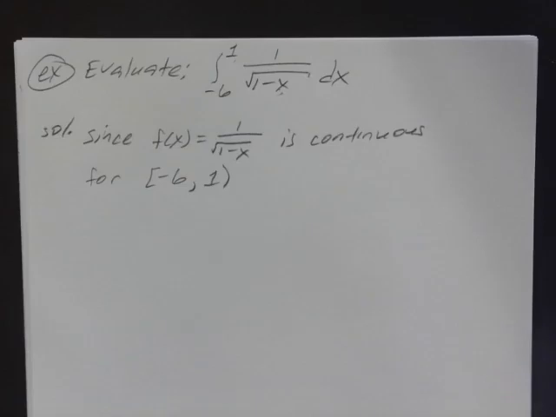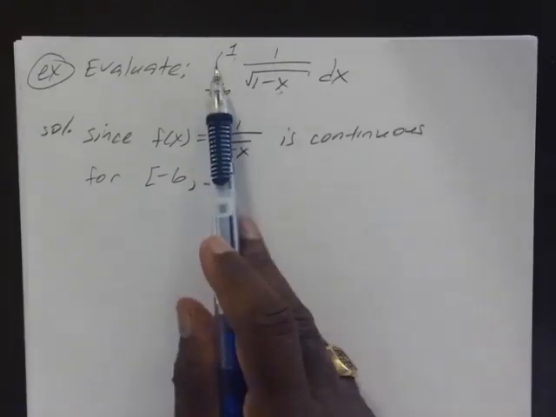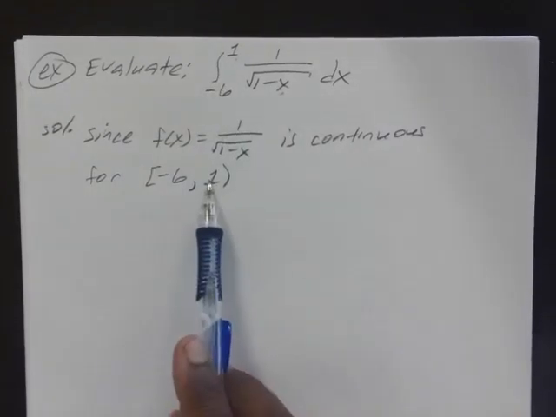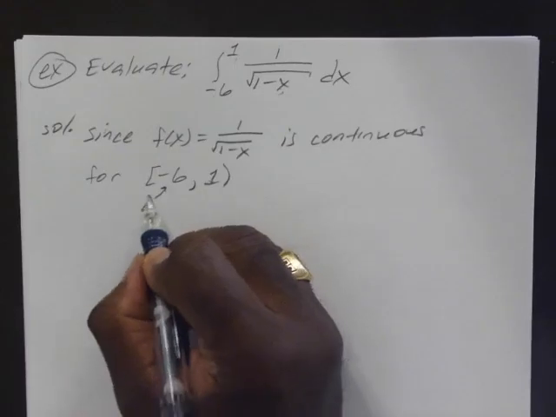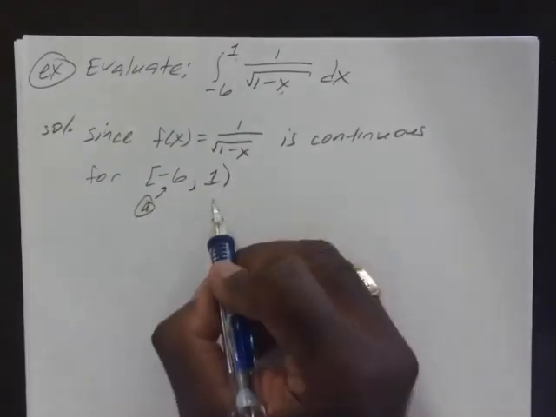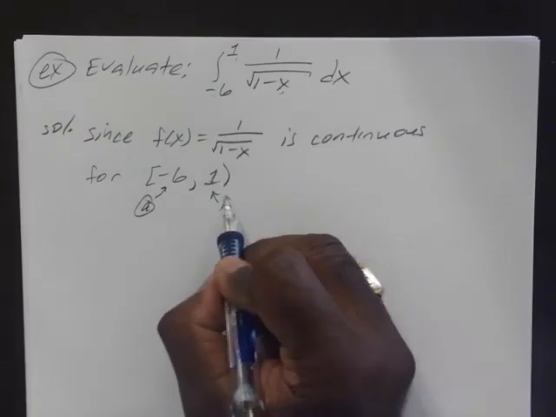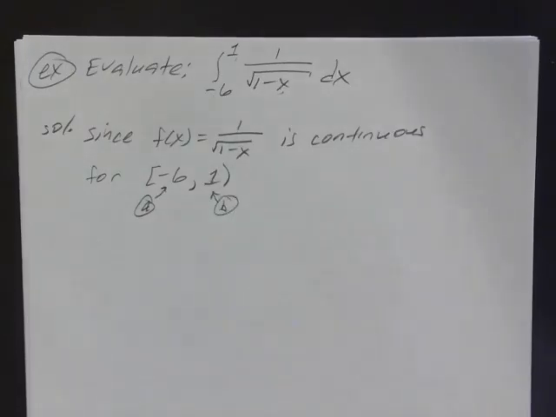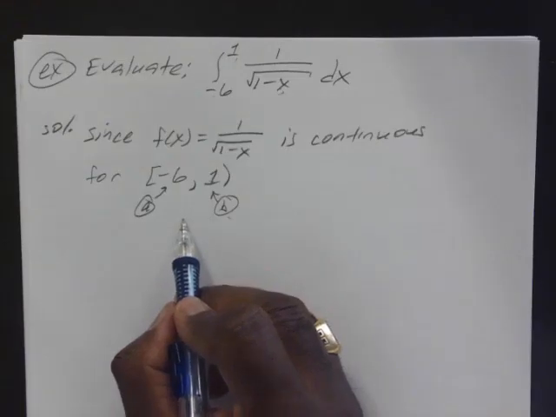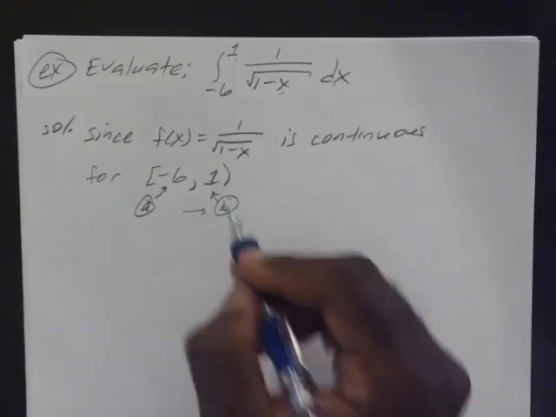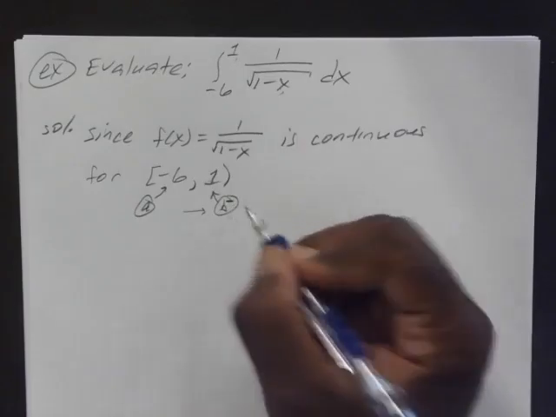If you're ever wondering which formula you'd use, always write it out like that and see which number has the parentheses. So this is your A, and this is your B. You can't equal B, so that means you have to find the limit as you're approaching B from the left.